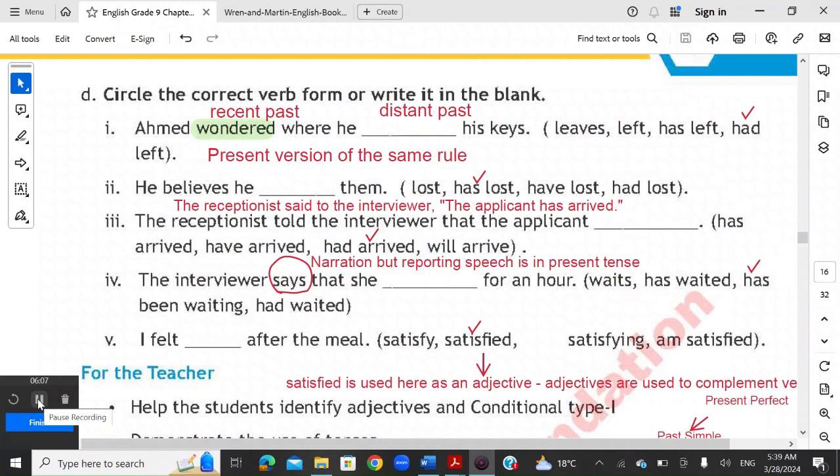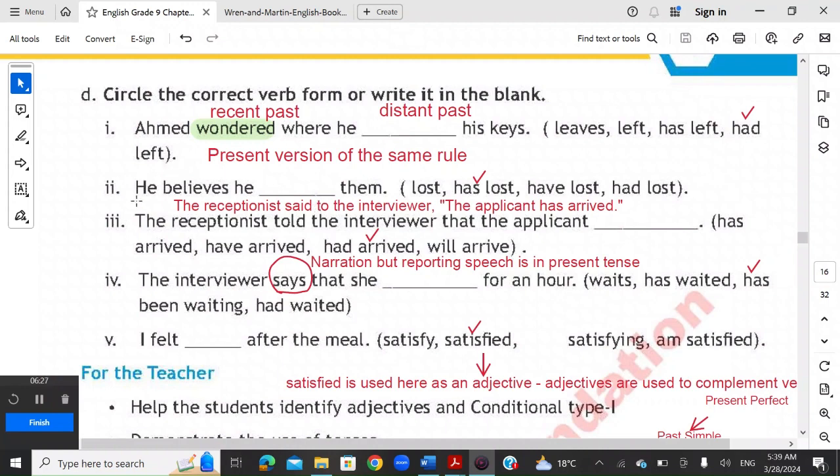Both actions are not happening at the same time. Now move towards has left. We use has left if the first verb is in present simple tense. Now the last option is had left. It is the correct option.